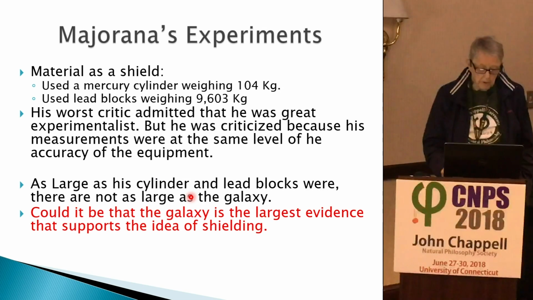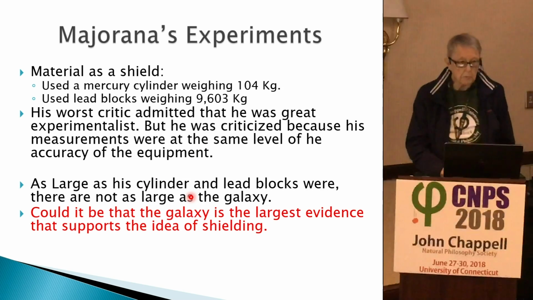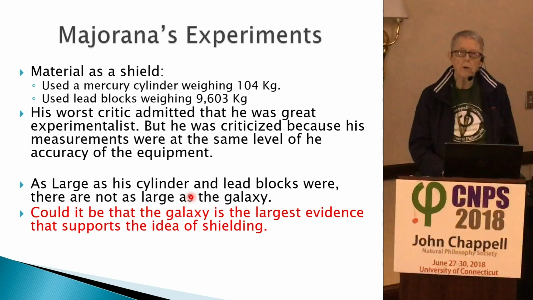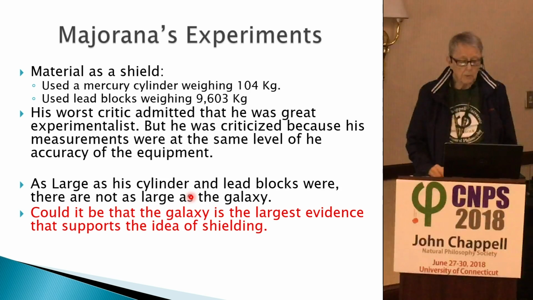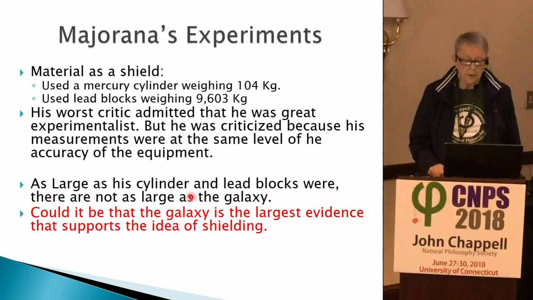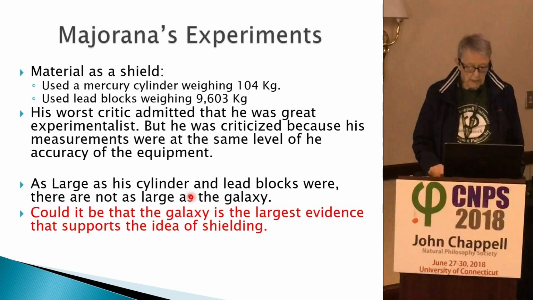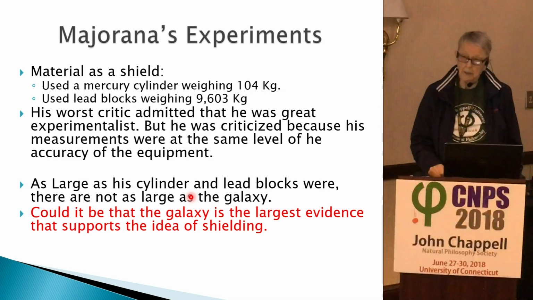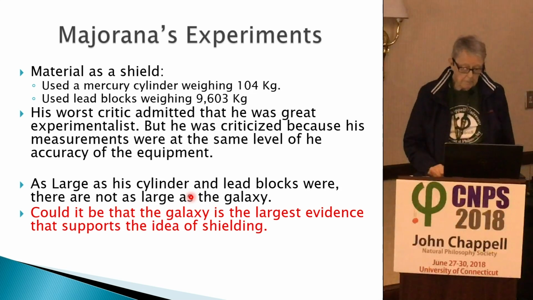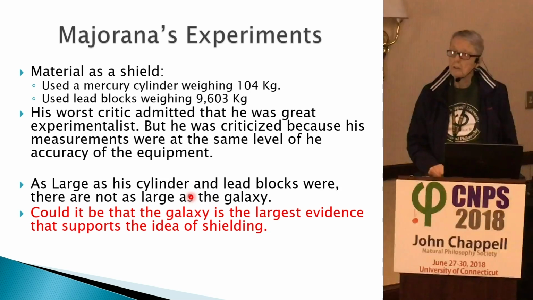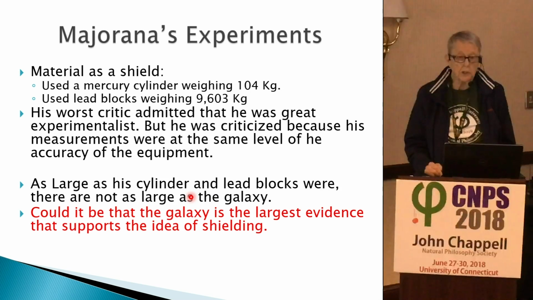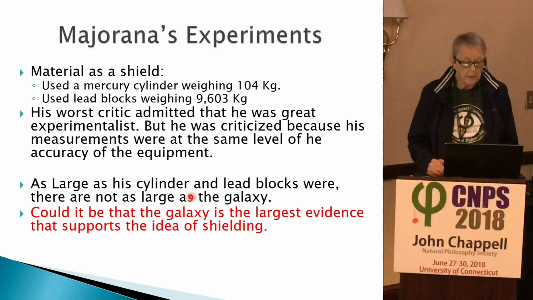In fact, in that book is where I found Majorana's experiments. In 1920, Majorana did a series of experiments. The first one, he used a mercury cylinder of 104 kilograms as a shield. And then he used lead blocks weighing 9,603 kilograms. I'm not going to go into the details, but he had reasonable success showing, in his eyes, that there was shielding. Others argued not.